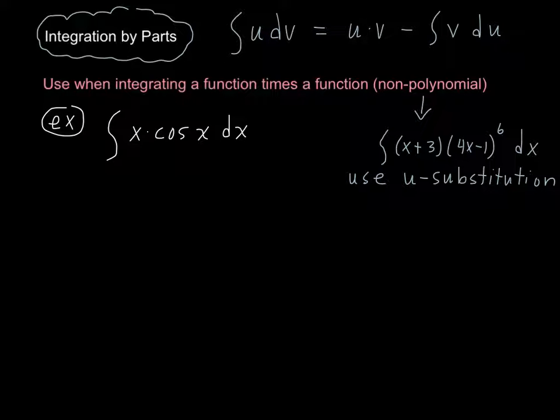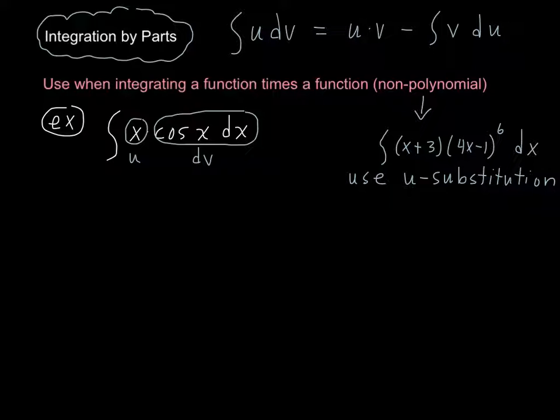So what in the world does this mean? Let's apply it to this example. We have two parts to this. We have this x as one part, and then we have this cosine of x dx as our second part. And yes, we want to include that dx as our second part. So what we do is we assign usually the first part u, and the second part is dv.